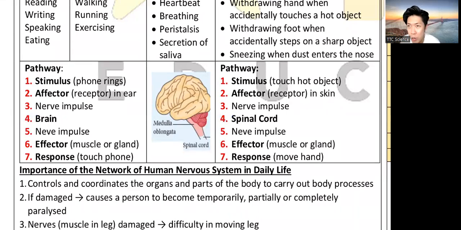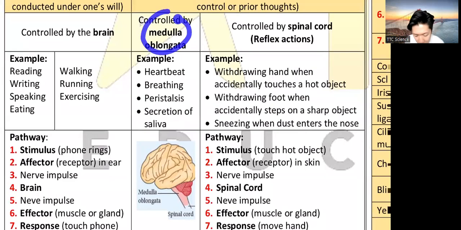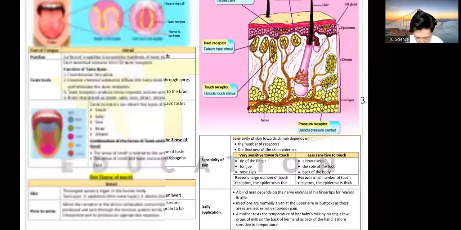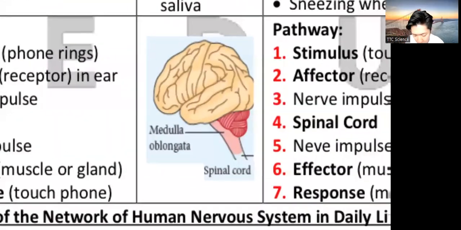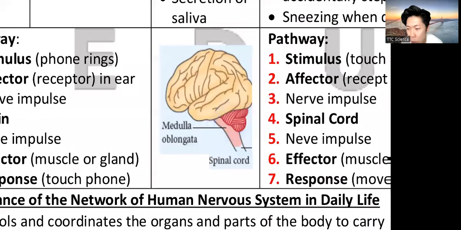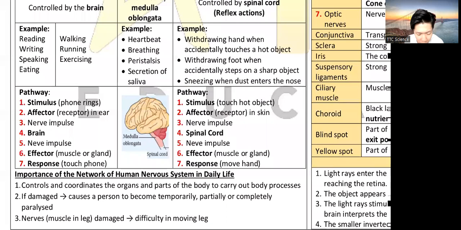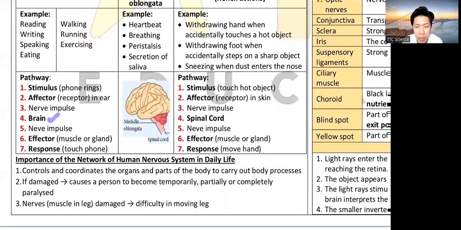If it's involuntary, then it's different. It's spinal cord for reflex. If it's controlled by medulla oblongata, that's the lower part of your brain. If it's voluntary, then it will be the brain.